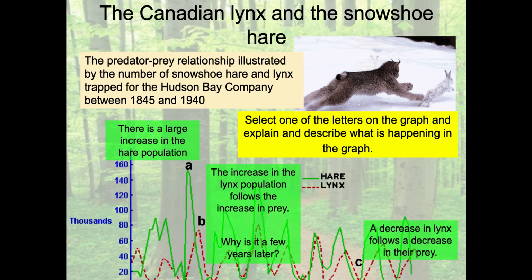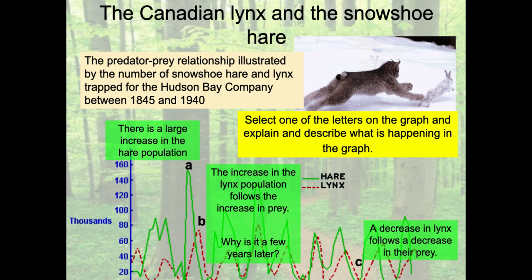So if we look at the green one, you can see there's a large increase in the hare population, and you can see that the lynx population increases, but it takes some time. And then a decrease in lynx population follows a decrease in their prey. That kind of makes sense. If there aren't enough hares to support the lynx population, then some of the lynx are not going to make it.